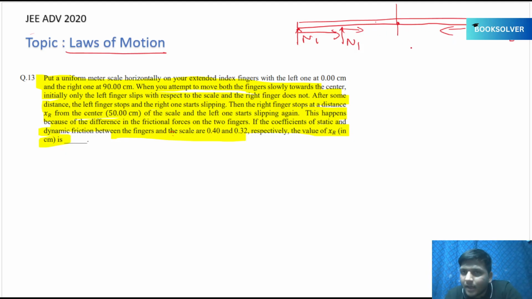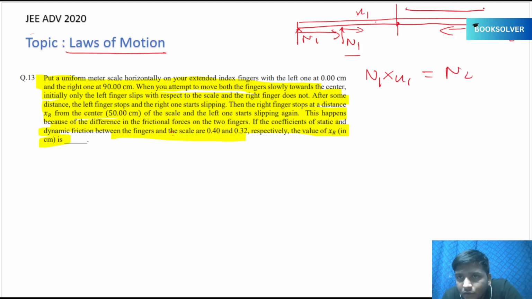So we will write those two equations. Suppose it is at a distance x1 from the center. The torque of N1 is N1 into x1, and N2 is at 40 centimeters from the center of mass. So N2 into 40 is equal to N1 into x1.